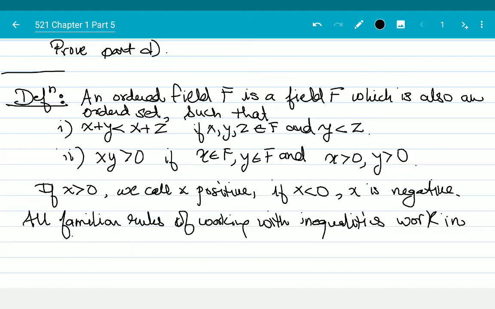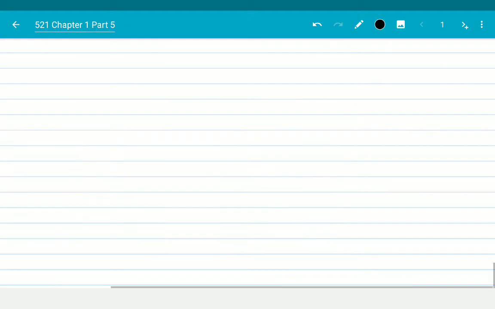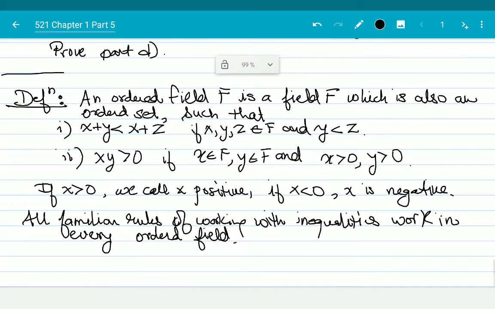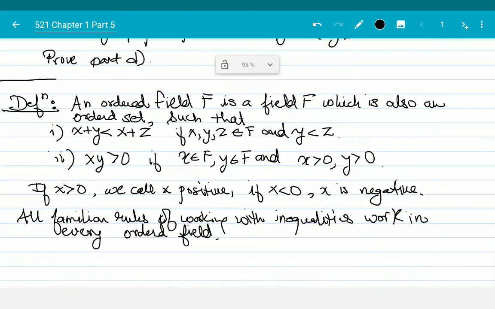Multiplication of positive numbers is positive, multiplication of two negative numbers is positive. All of these things work as you expect them to.